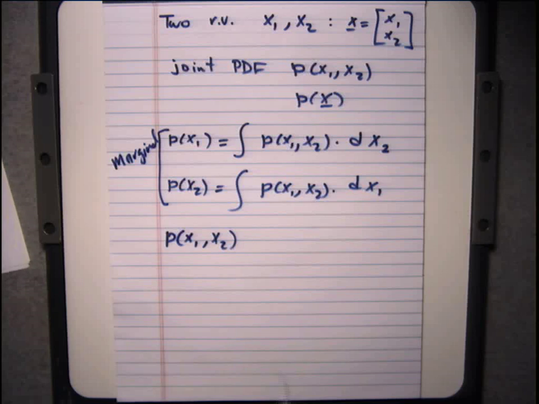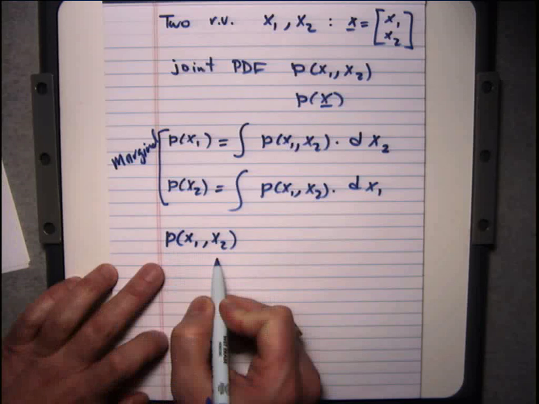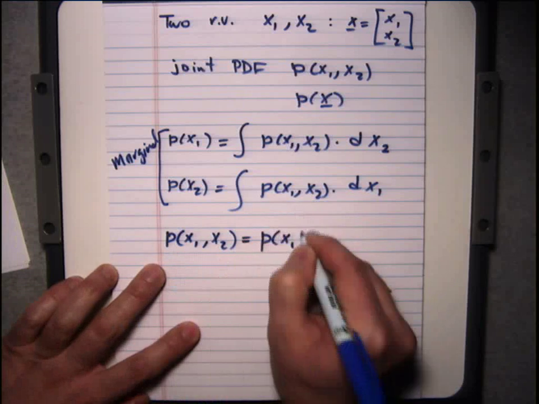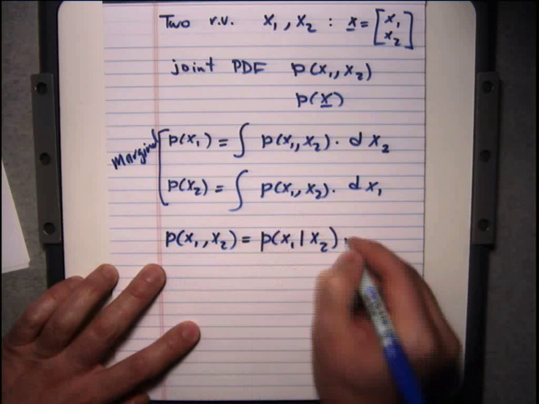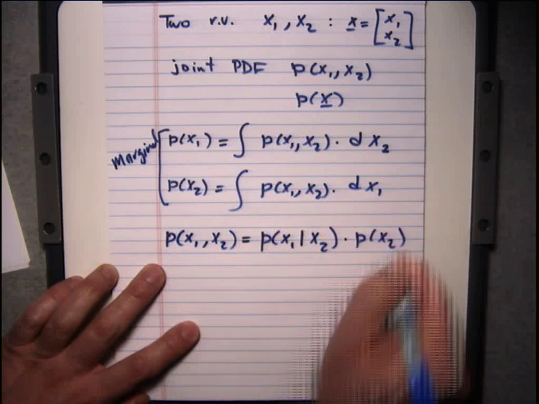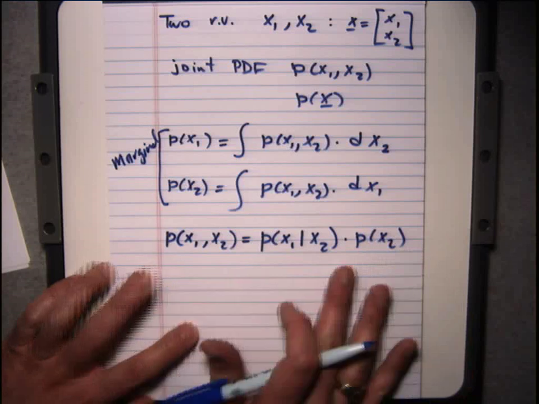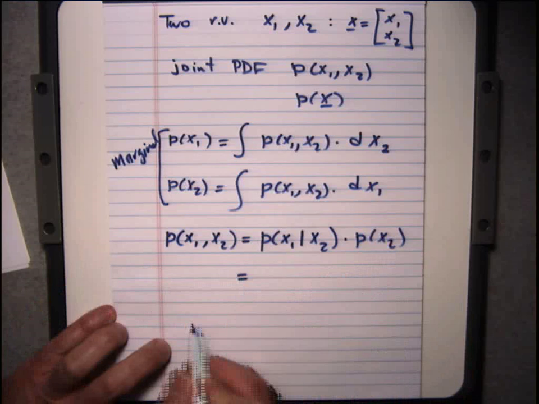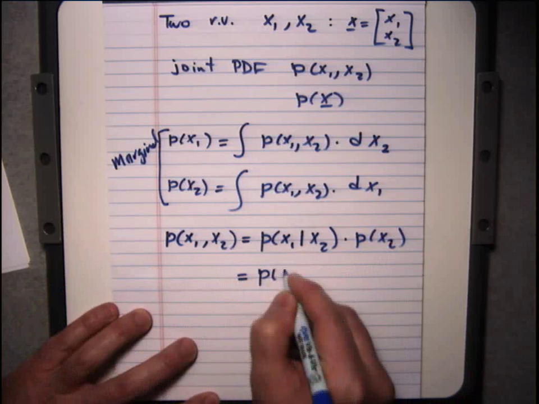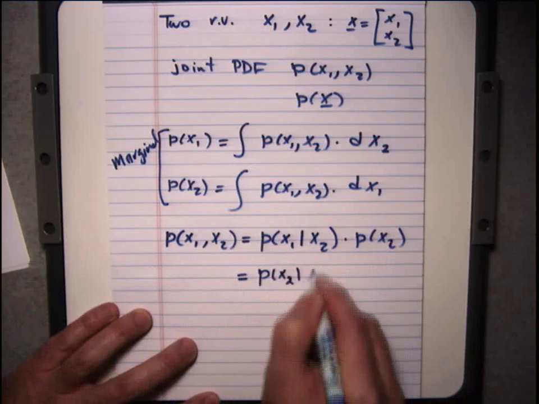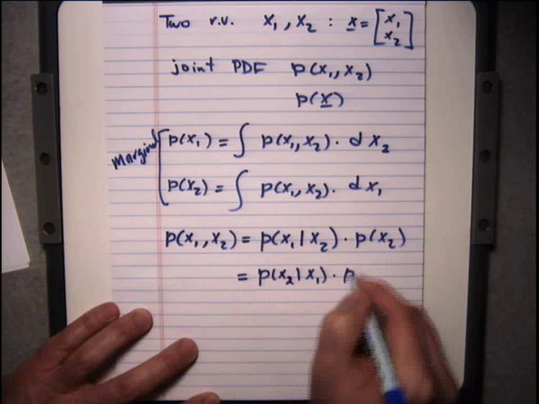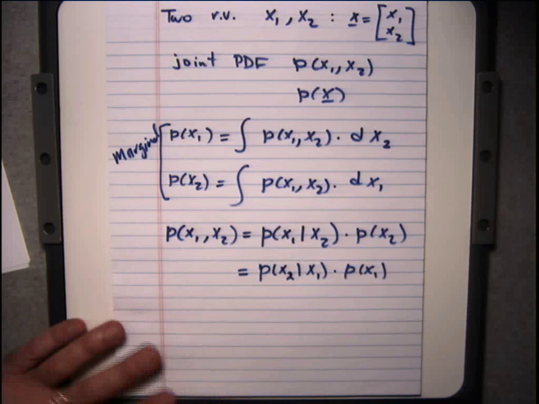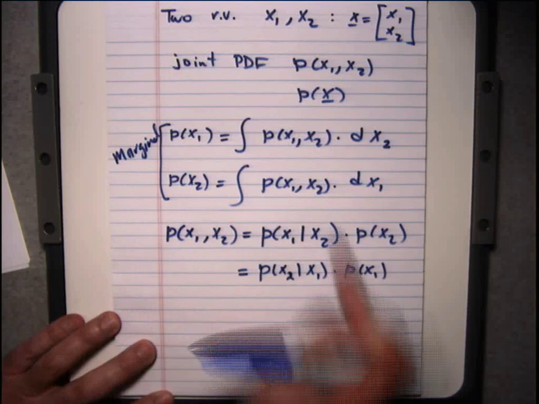So the joint PDF can be written as the PDF of x1 conditioned on x2 times the PDF of x2. This should be very familiar from that expression that I just showed you. And correspondingly, we can write this in the reverse way, x2 given x1 times the PDF of x1. Using the same trick that we did before, you just rewrite this.